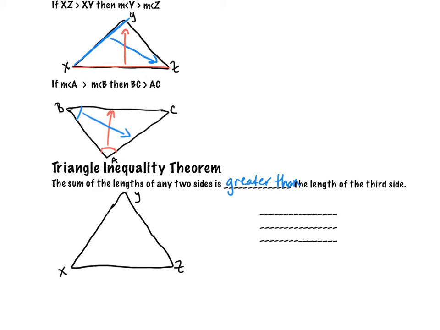So if this is going to be a triangle, I have to take XY plus YZ, and it has to be greater than that third side. I have to do all three combinations. So YZ plus XZ has to be greater than XY, and XZ plus XY has to be greater than YZ.